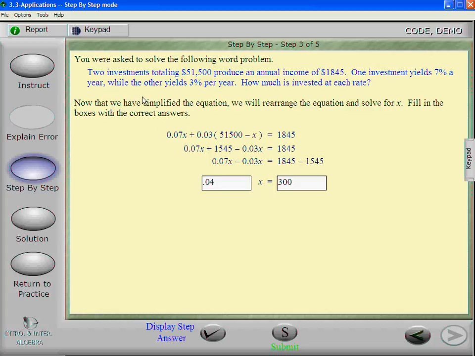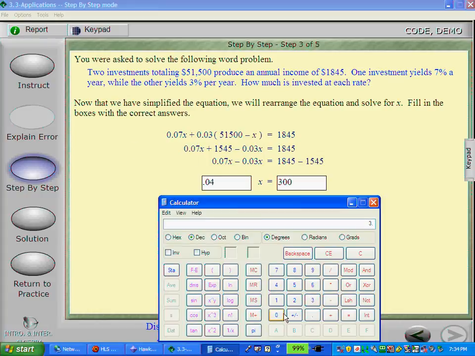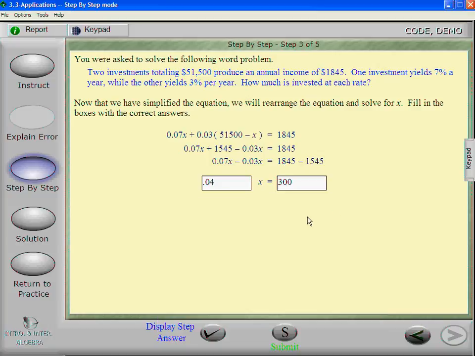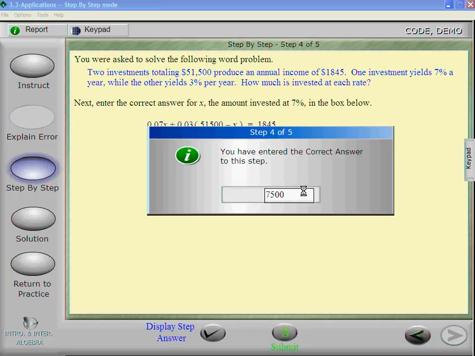If you take 300 and divide it by 0.04, you end up with $7,500 for X.